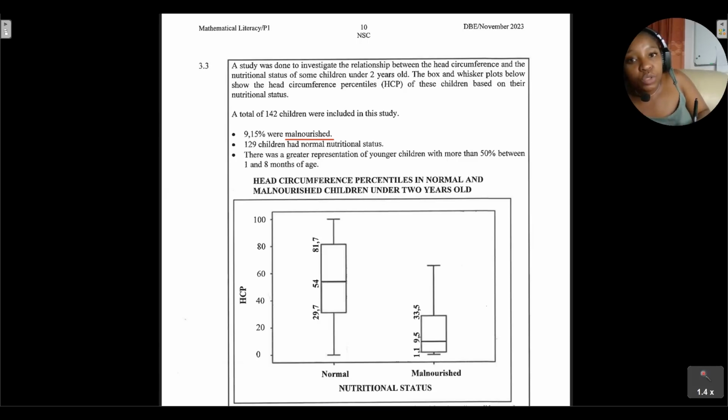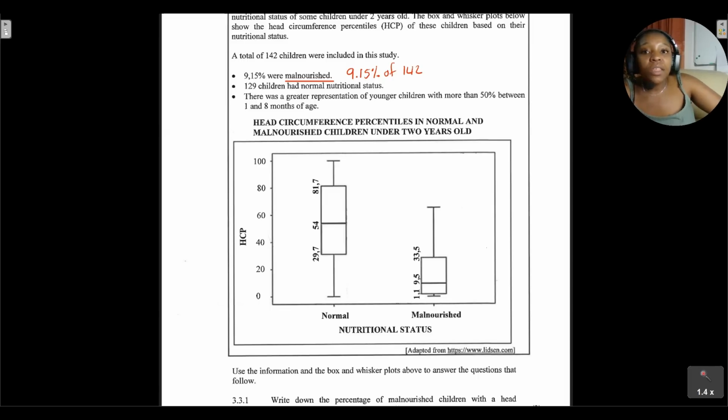All that we're supposed to do is take 9.15% of 142. That's going to give us the amount of children. And we already know that 129 children had normal nutritional status.